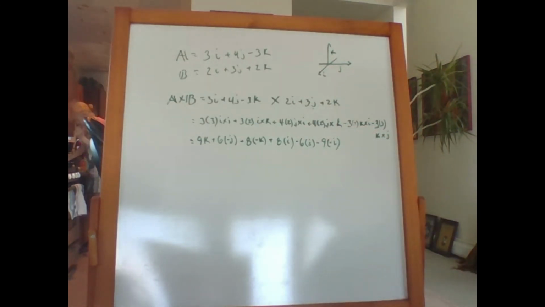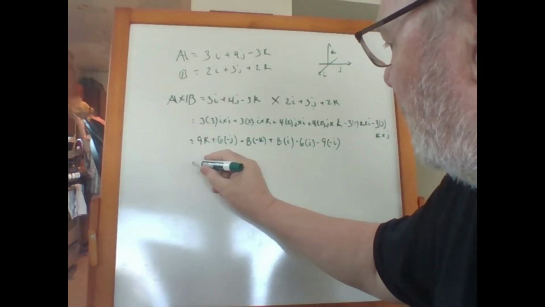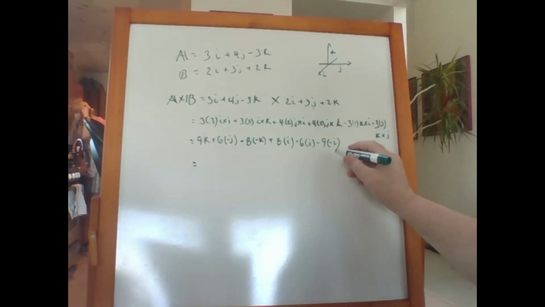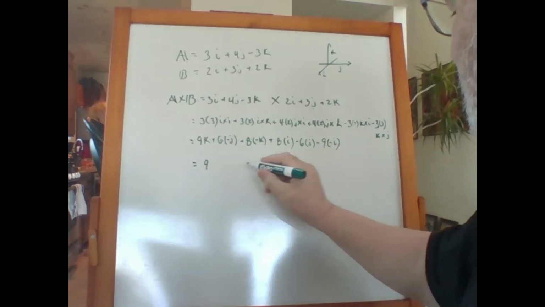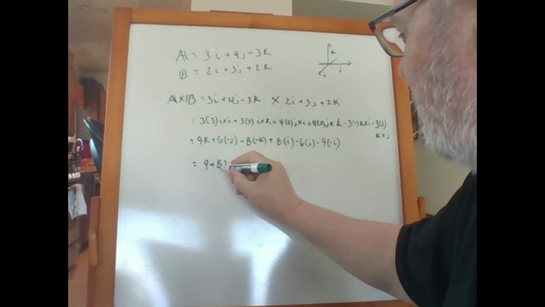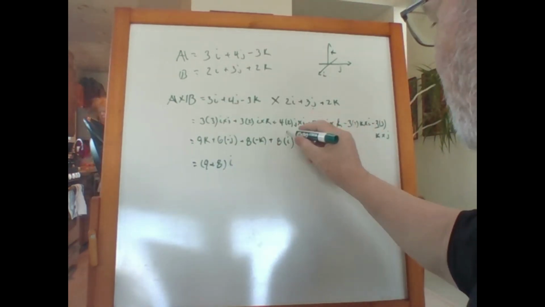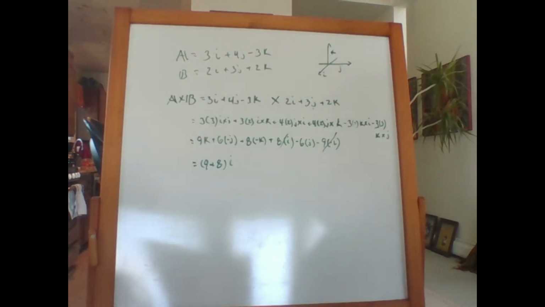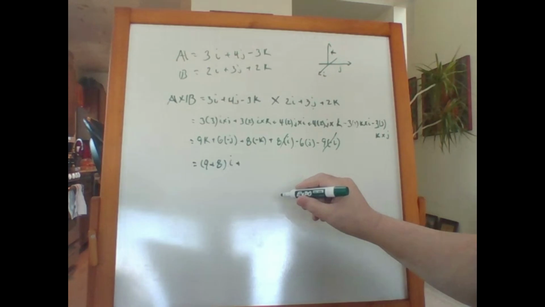Now we add up all the similar components. Okay, so i is in the first, so we got 9 plus 8, i. So that component and that component is out. Okay, now we have the j direction.